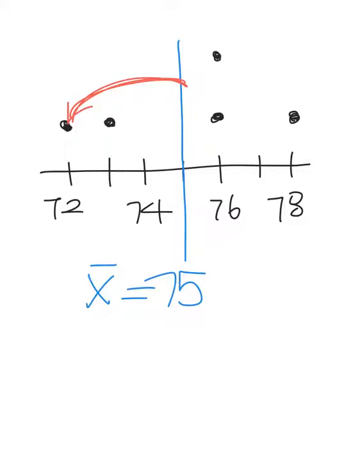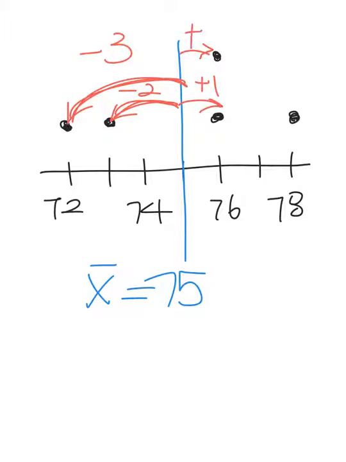So 72 minus 75, the difference was negative 3. It's actually the distance was negative 3. The distance up to 73, it was 73 minus 75, negative 2. And up to 76, the distance was positive 1.